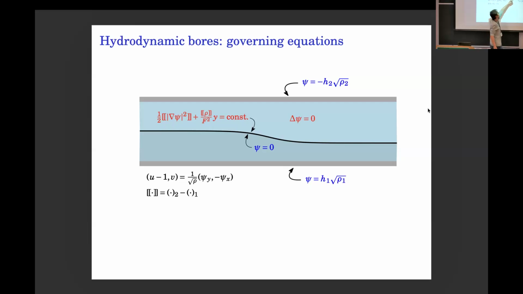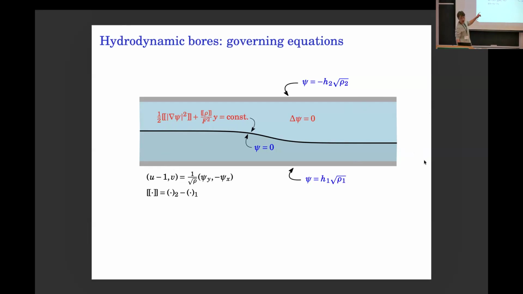So you have Laplace's equation in both layers, for the stream function. And now we normalize so that psi is equal to 0 on the interface, and then you can calculate the values of psi on the two rigid walls.